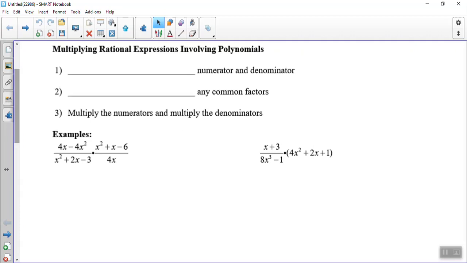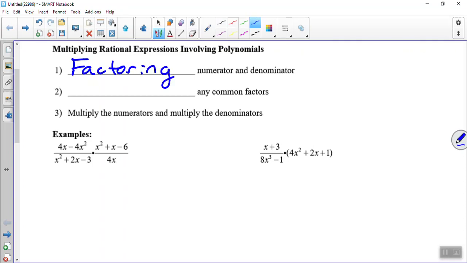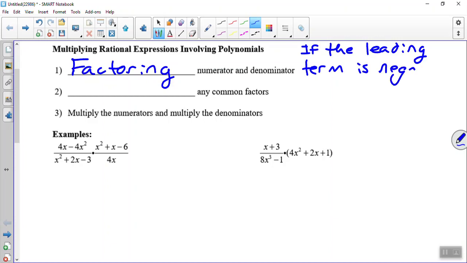Okay, so the first step, as I mentioned, is we'll be factoring the numerator and denominator. If the leading term is negative, factor out a negative 1.